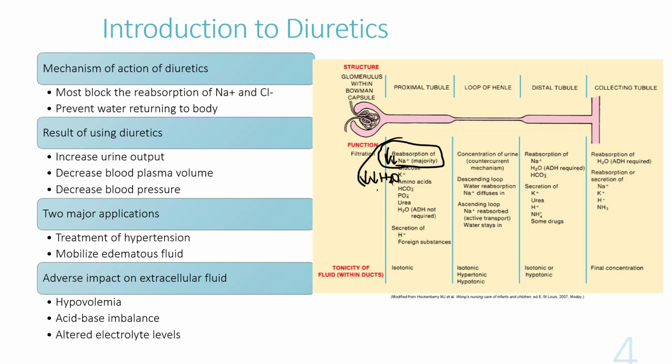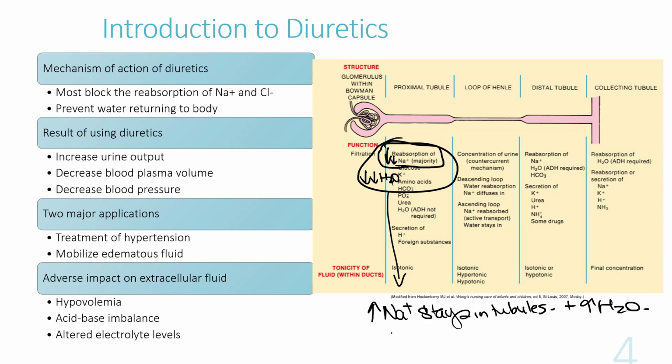If you decrease reabsorption of sodium and water, it increases the amount of sodium that stays in the tubules, as well as the amount of water, and therefore increases the amount of sodium that leaves in urine. That also increases the amount of water that leaves in urine.